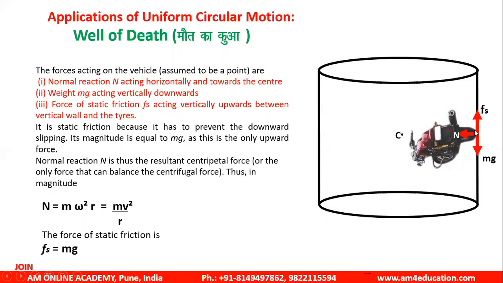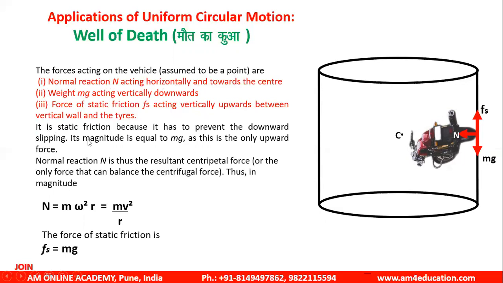The forces acting on this vehicle are the normal reaction acting horizontally towards the center as shown in the figure, weight mg vertically downward, and force of static friction Fs vertically upward between the vertical wall and the tires.